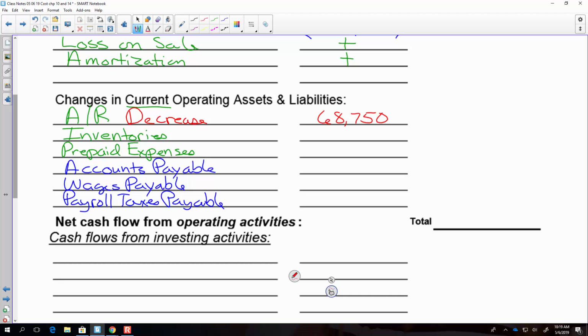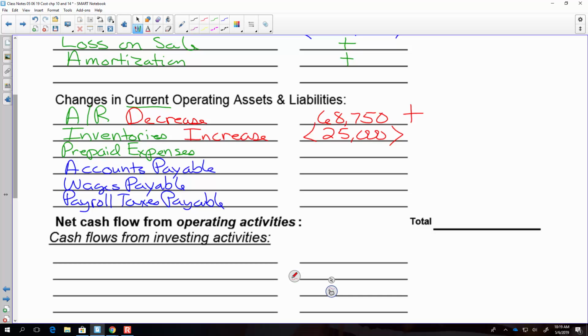We add, right? That's a good thing. I always liked it when my receivables went down because I had more cash available. Super. Inventory went up 25. Is that a source or use of cash? Use. So we're going to decrease that by 25.